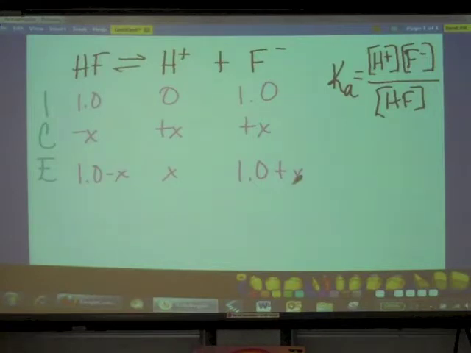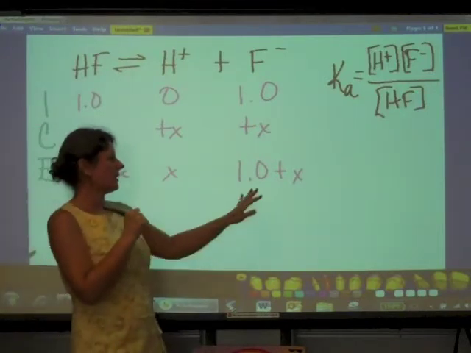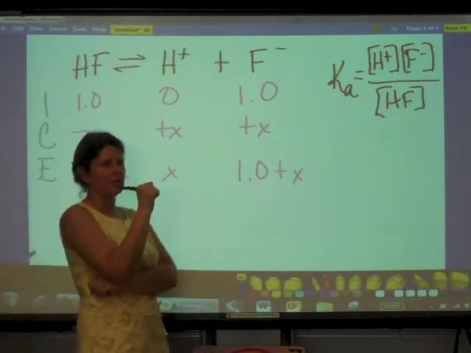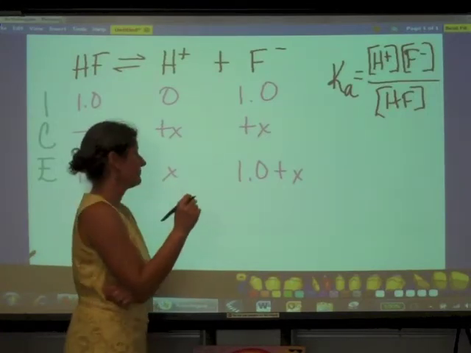Alrighty. Now, if we can call this minus x negligible, what about this plus x? Could we call that negligible too, just to make our life better? Yeah.